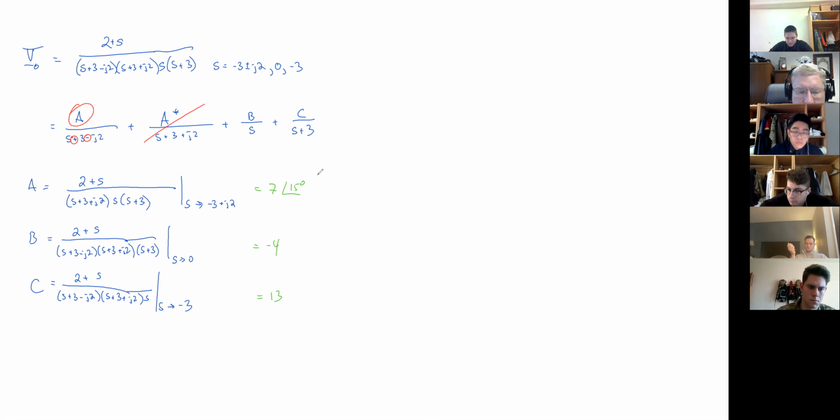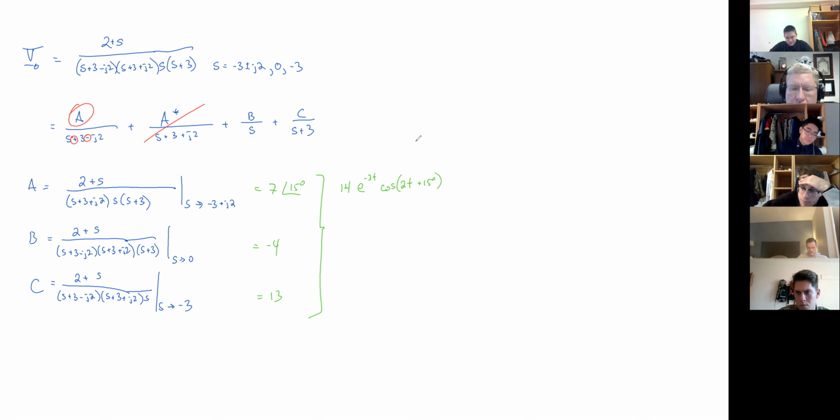So now, from this, we can write our answer. This part we can directly write as being equal to 14. We always multiply the 7 by 2 times e to the real part of the root, cosine of the imaginary part of the root, which is our frequency, plus 15.